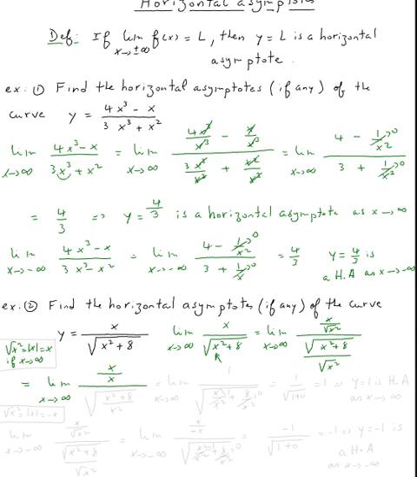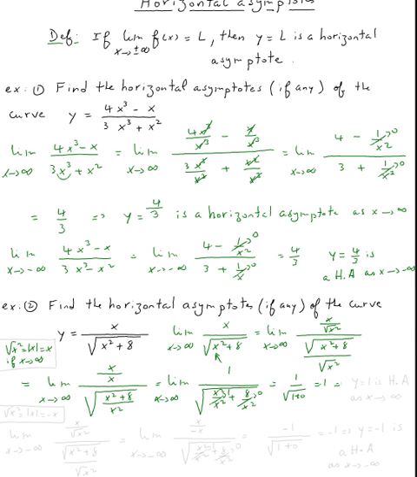Now we write everything under one radical, so this will be x squared plus 8 over x squared. The limit: x over x is 1, over the square root of x squared over x squared, just split it, plus 8 over x squared, and don't forget the radical, as x approaches positive infinity. This goes to 1, this goes to 0, so this is going to be 1 over the square root of 1 plus 0, which is 1.